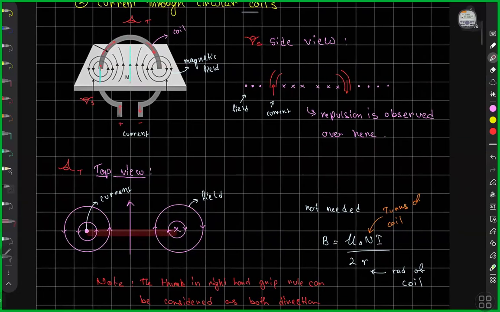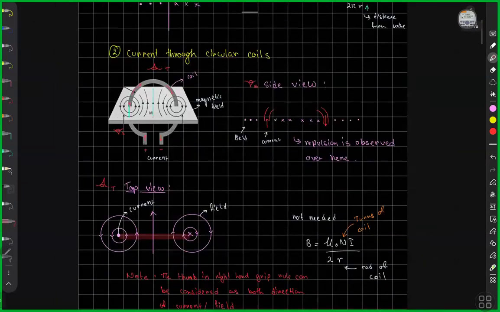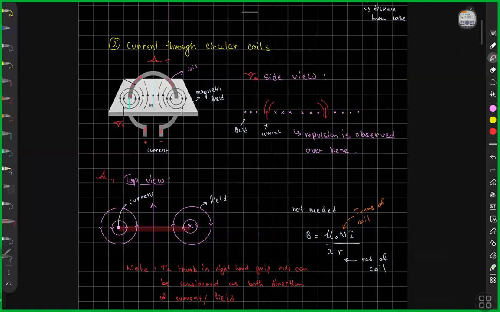Good. Now, over here, current out of the page is a dot. Current into the page is a cross. And I draw the field lines. As you move away from the source, the spacing between the field lines increases. For the dot, current out of the page, field lines are anti-clockwise.